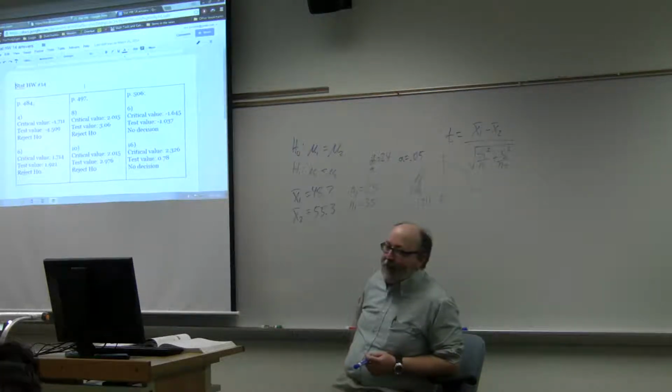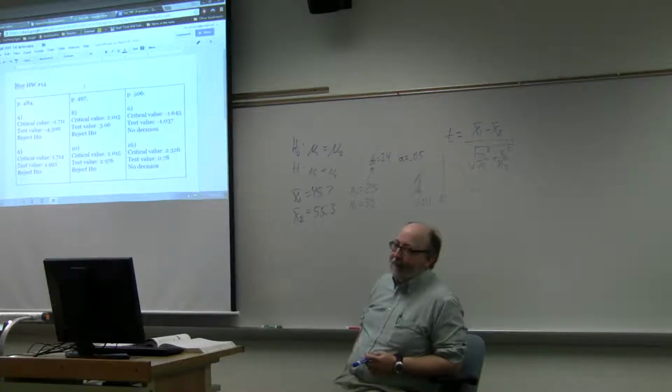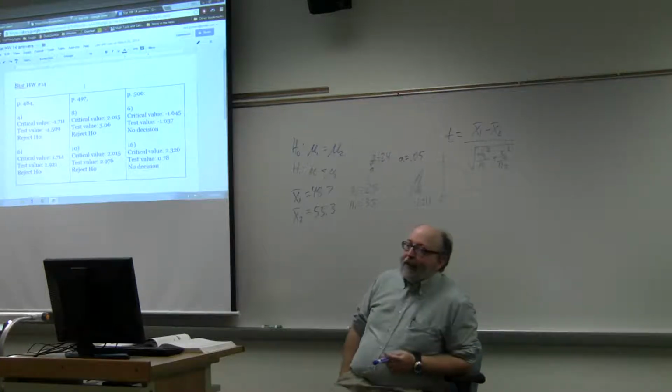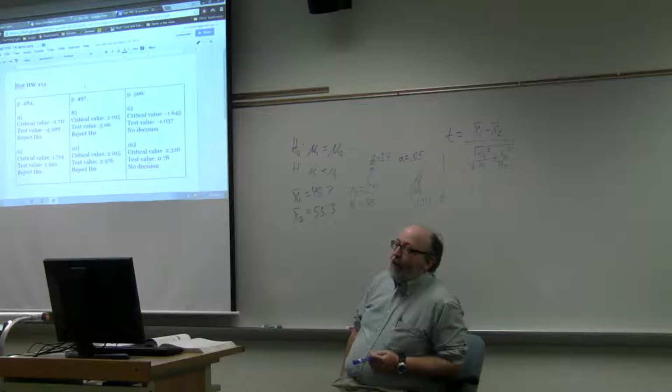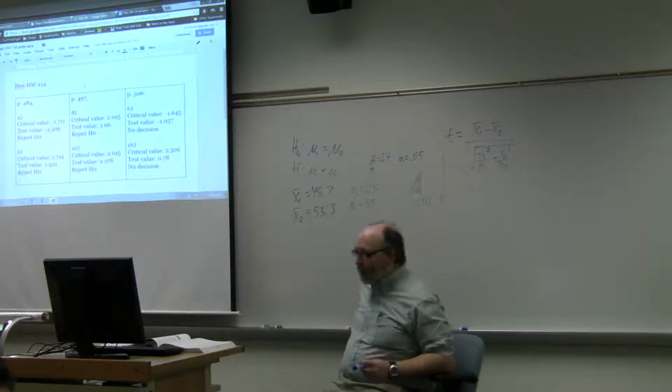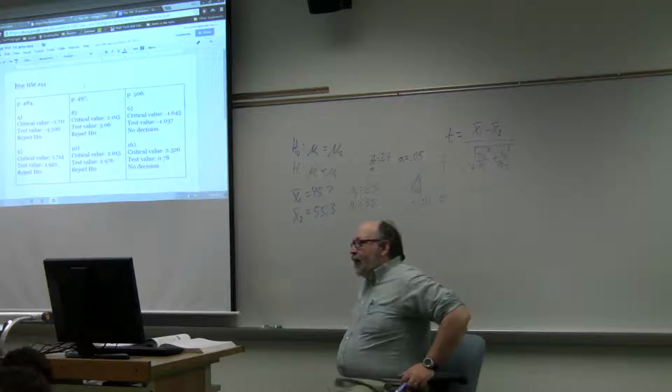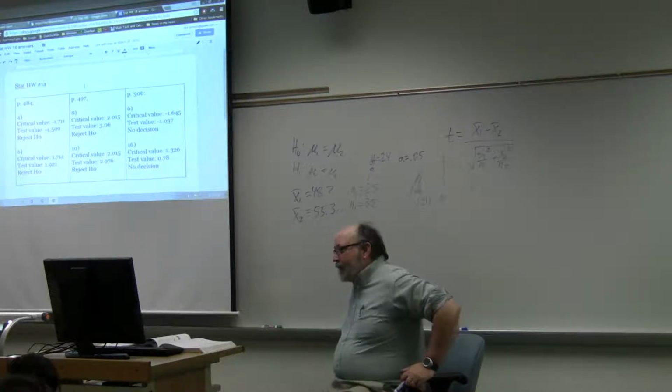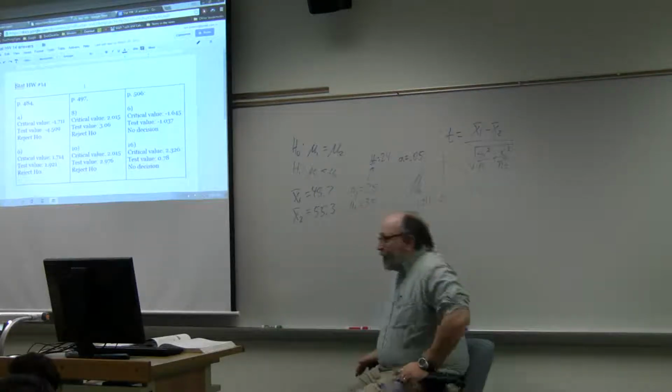I reject the null hypothesis. And why do I do that? Negative 4.509 is in the rejection region. That's correct. Because the test value is in the rejection region, I reject the null hypothesis. Okay? So then, Alex, what does that mean when I reject the null hypothesis?